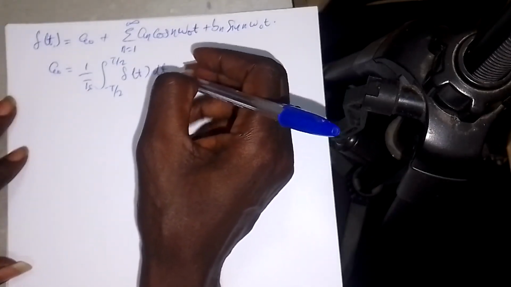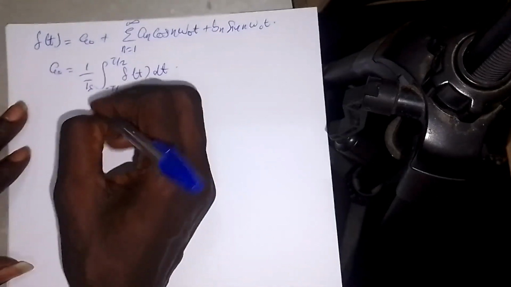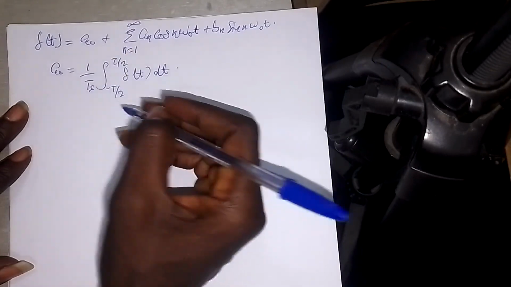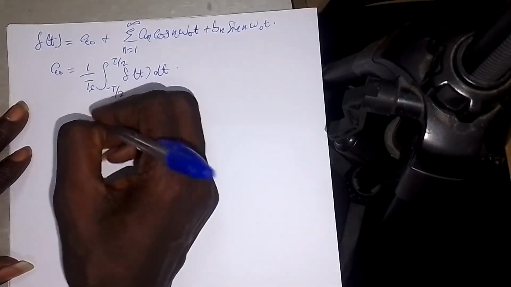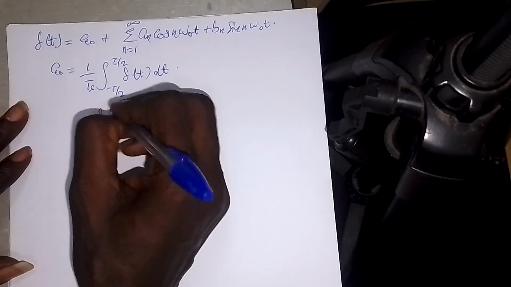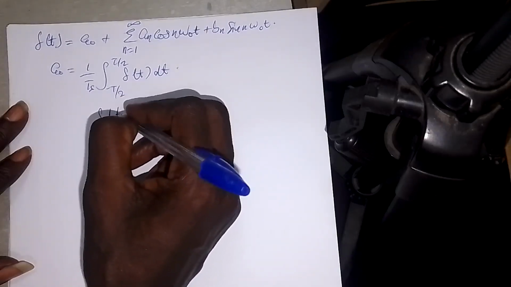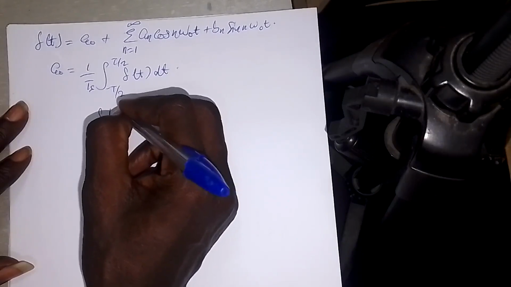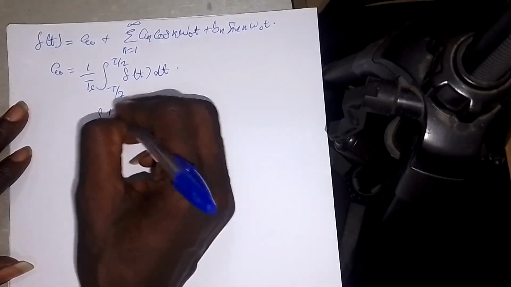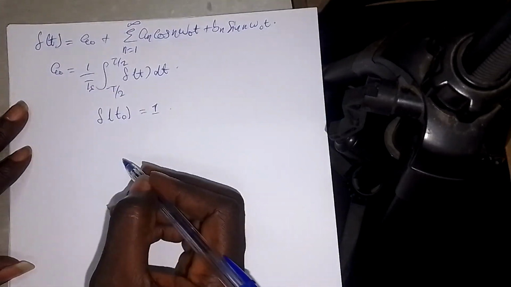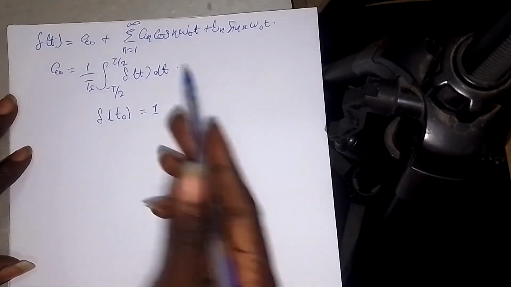Delta of 0. Okay, so basically here the range doesn't really matter to me, because I know that delta occurs at t equals 0, at an instant point, and it's equal to 1. I know that a naught is equal to 1 for impulse train signal.